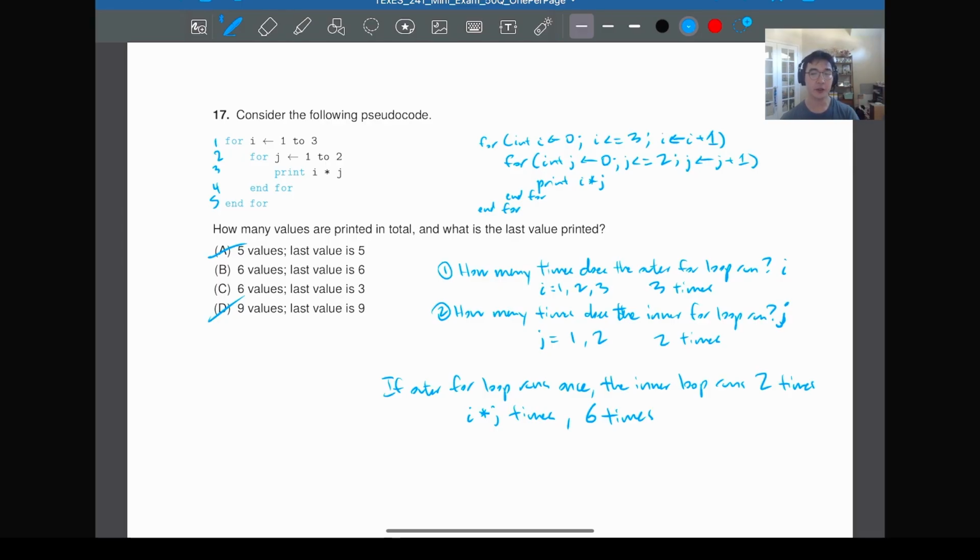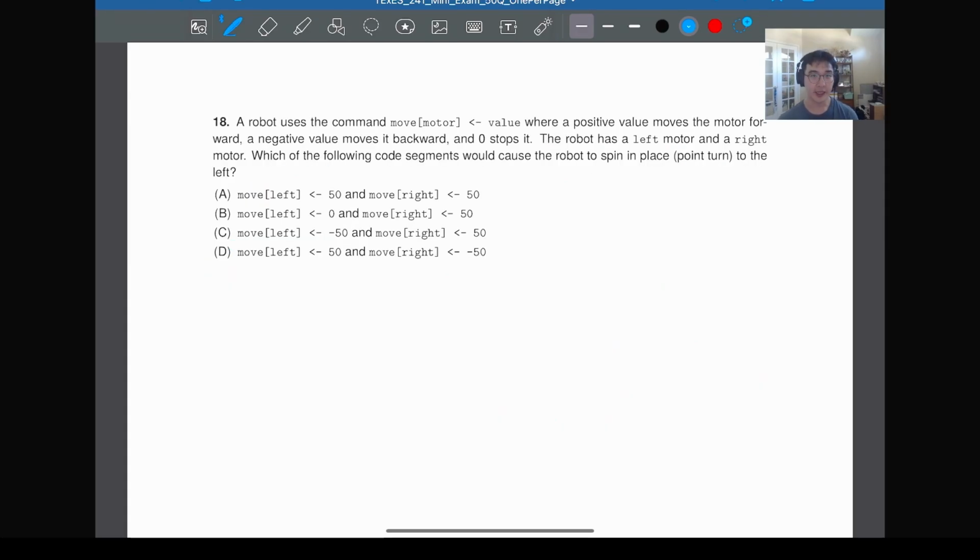So the last value of i times j, which is what we're printing out right here, would be 3 times 2, right? Because those are the last values that i and j are. So that would be 6 as well. So that would be answer choice B. That is question 17.